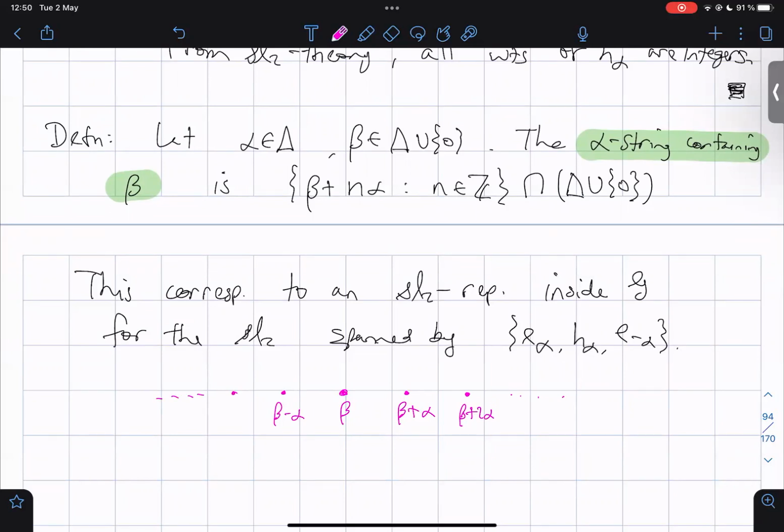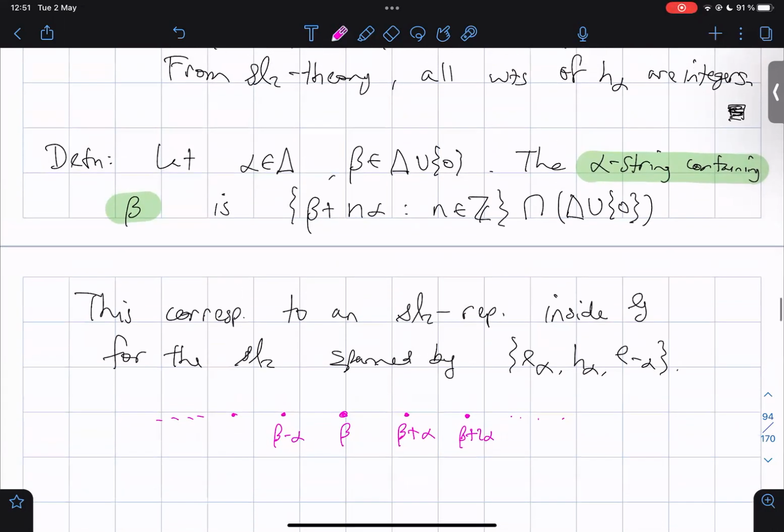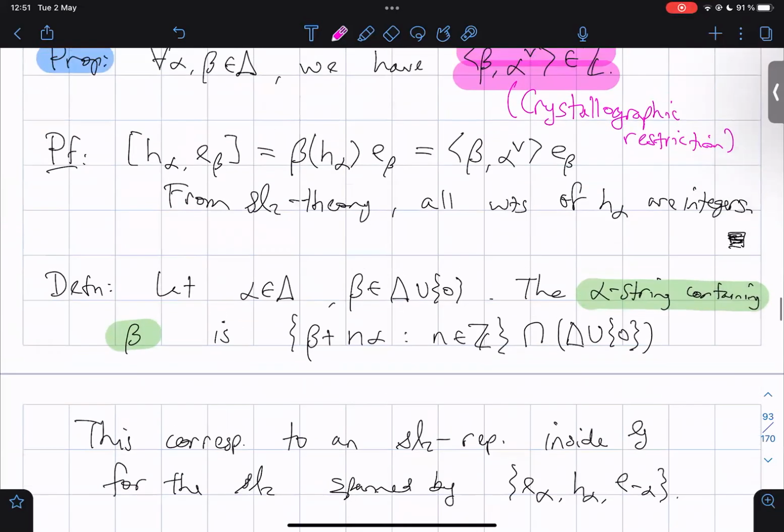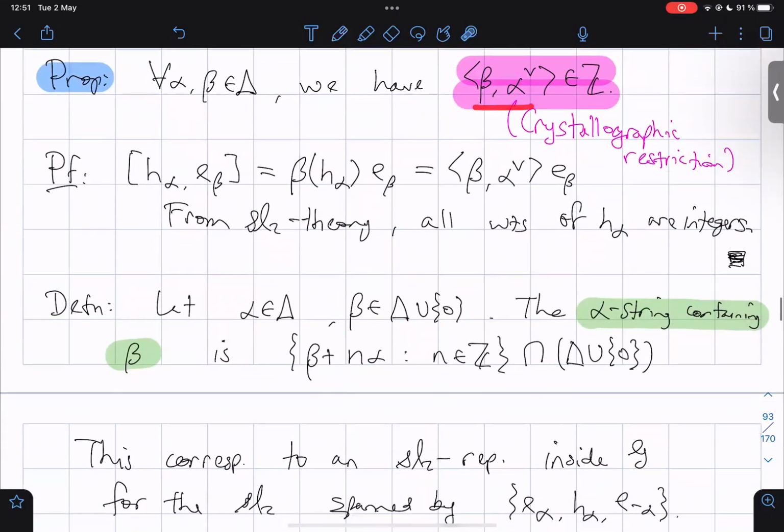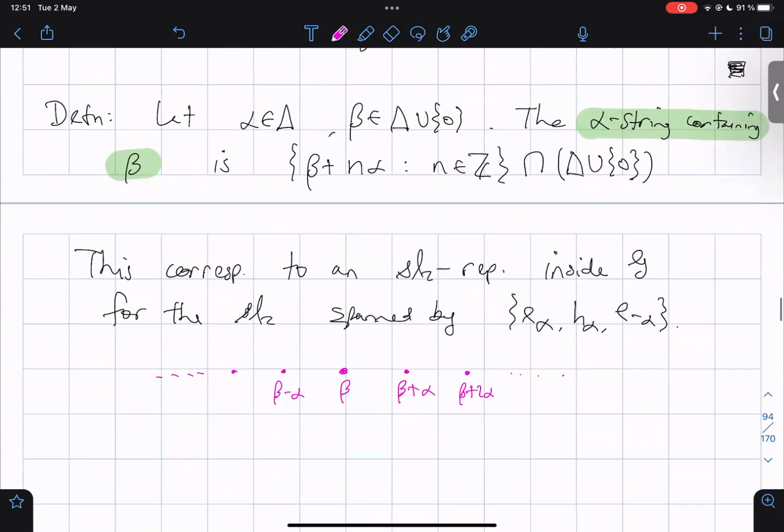You have all of these dots, but only a certain number of those actually live in the root system, possibly zero. So how is that related to this number that we have over here? That's this proposition, and then I'll draw some pictures.